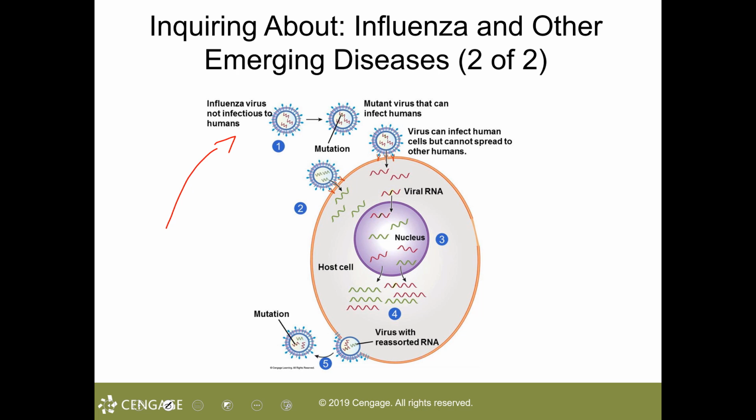Then it becomes a mutant version, meaning it changes. And as it becomes that mutant version, it can infect human cells, but not spread to other humans. So this is what happens. And as it does happen, class, this is why it's just so important.